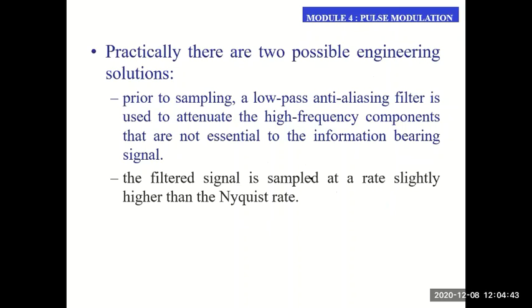One is, prior to sampling, we should use a low pass anti-aliasing filter, which is used to attenuate the high frequency components which are not essential in the information. So what we normally do in most of the circuits, do you remember the FDM circuit?